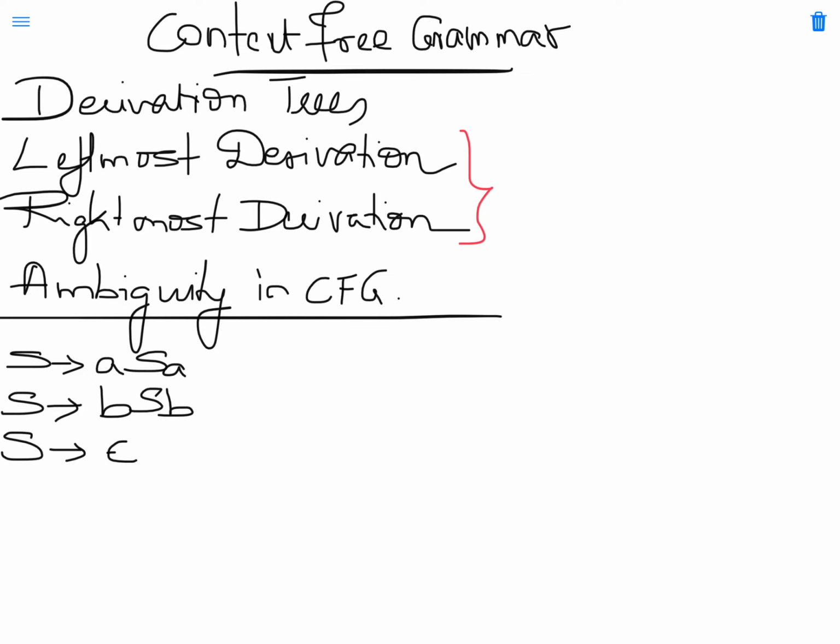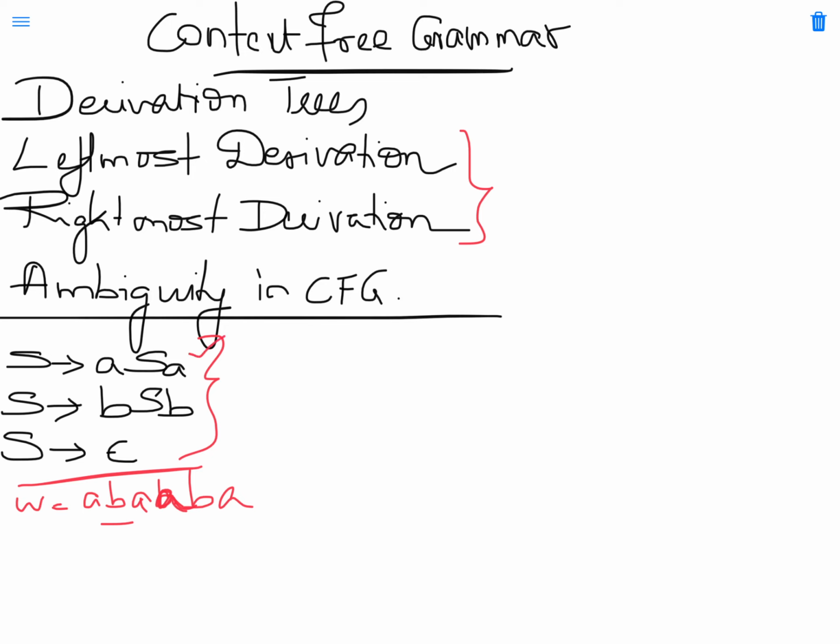So we can consider the old example itself: S gives ASA, S gives BSB and S gives epsilon. If you are asked to derive the string W equal to ABABA, which production will you take first from the given set of productions?